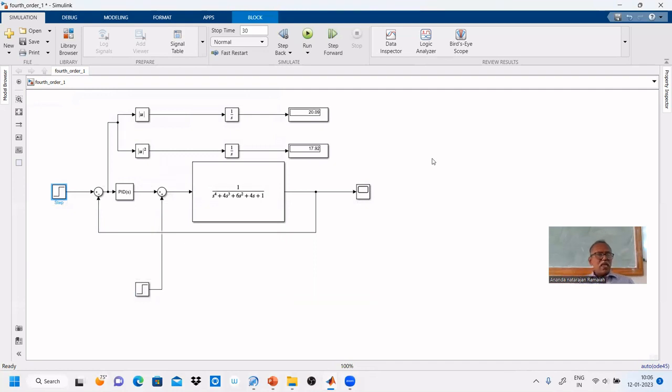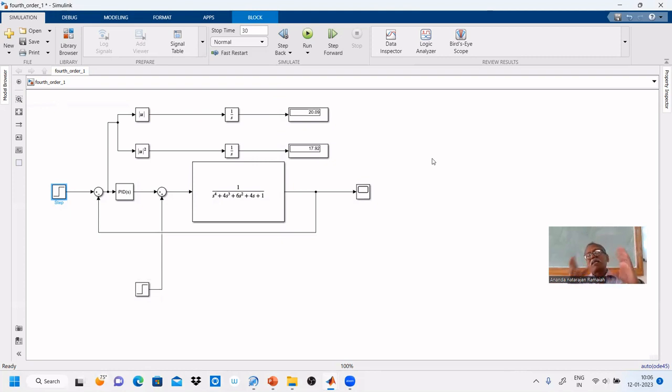So this is IAE and ISE. We measured. If you have some other controller, you can measure IAE and ISE for that also. Whichever gives a lesser value is the better controller.